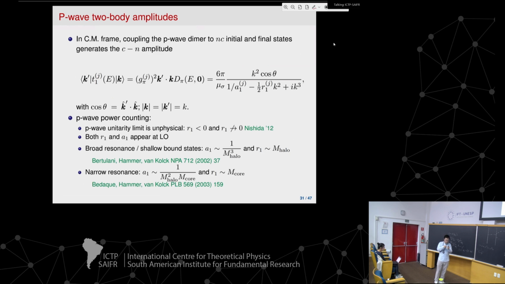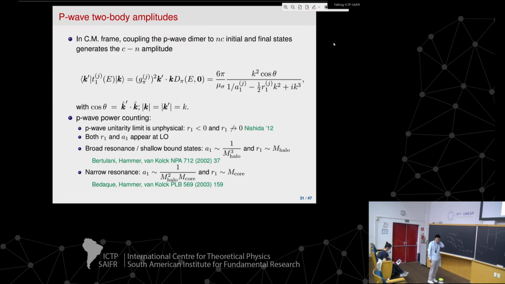The magnitudes of k and k prime are the same, but they can be at different angles. The angle is defined by theta. In the denominator, you have the p-wave scattering volume, which has the dimension of L cubed, and also the p-wave effective range term, minus 1/2 times R1 times k squared.